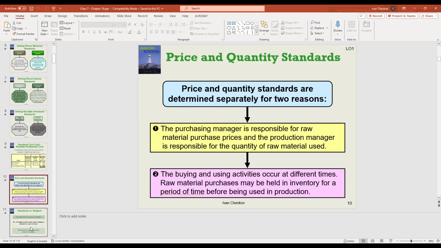The purchasing manager is responsible for the material price, and the production manager is responsible for the quantity of the material used. Also, buying and using activity happen at different times. Raw material can be purchased, then held in the inventory, and later on used in the production.